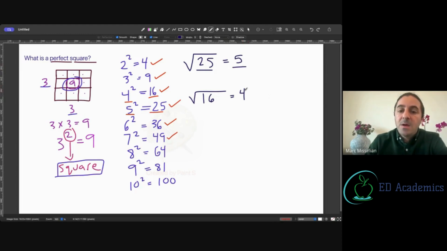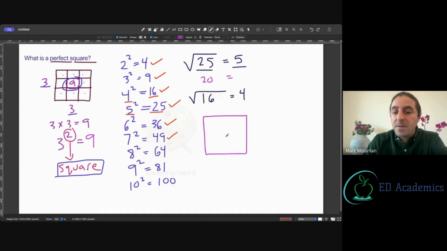Let's look for an example of what isn't a perfect square. What do we mean by an imperfect square, or a number that's not a perfect square? Here's where it gets a little bit tricky, and here's where it's important to understand how the language, the concepts, the notation, the calculations, the decimals, the symbols all go together. So let's say we want a square with an area of 20.